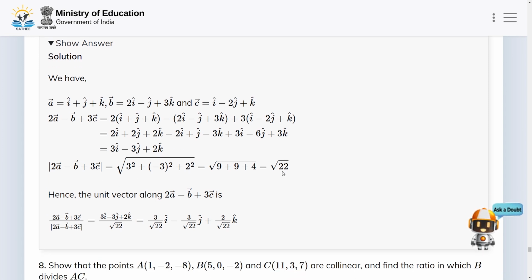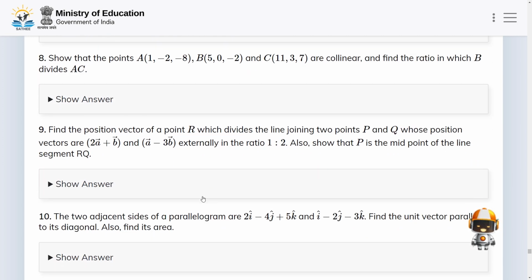The magnitude will be root 22. The unit vector parallel to this is just this vector divided by its magnitude. Clear?